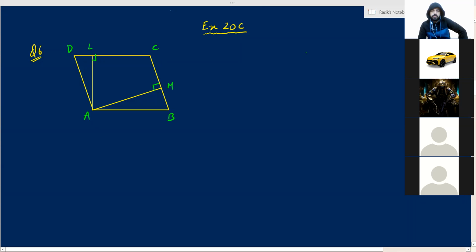Let me give you an example. Let's suppose this is a parallelogram. If I draw a height from this vertex, suppose this is D, on AB. This is only an example, everyone.